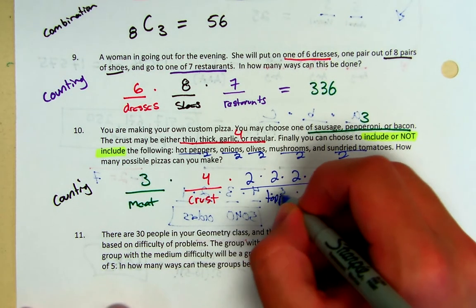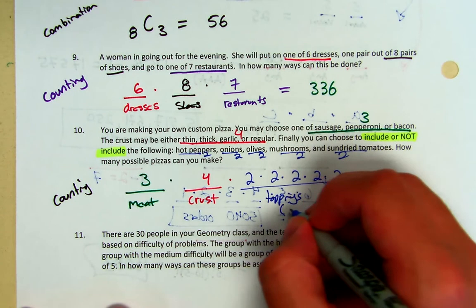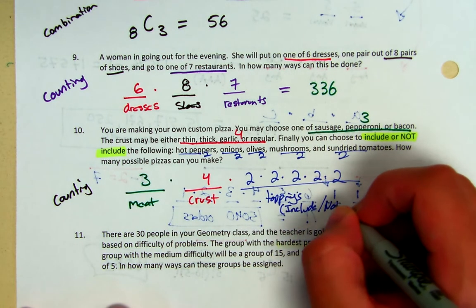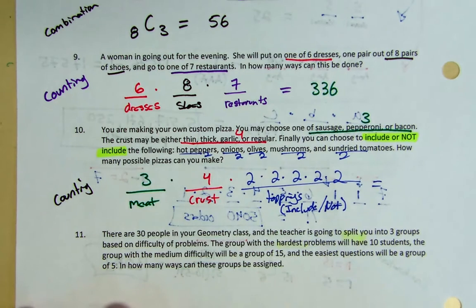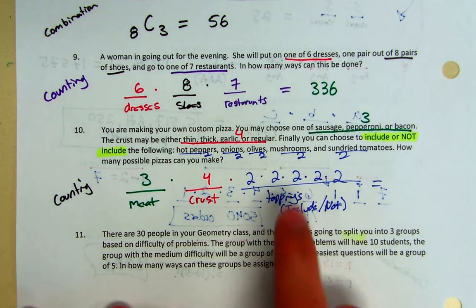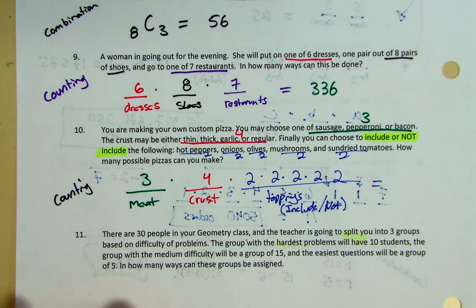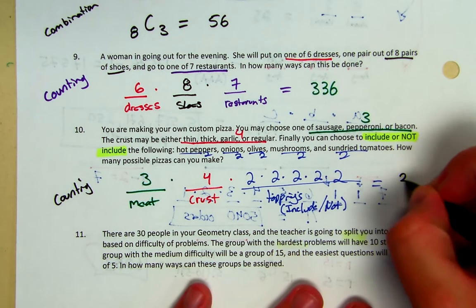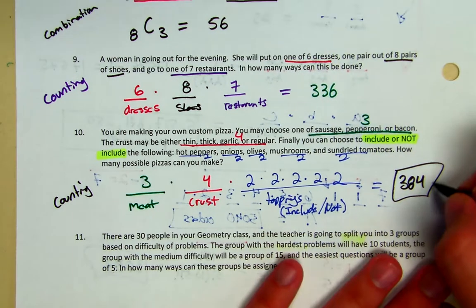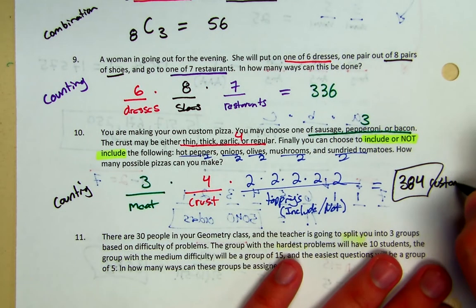So those are my toppings, include or not include. So you could condense this to 2 to the 5th power if you wanted to. How many total options does that give me in the end? 384 different ways to make my pizza. So custom pizzas.